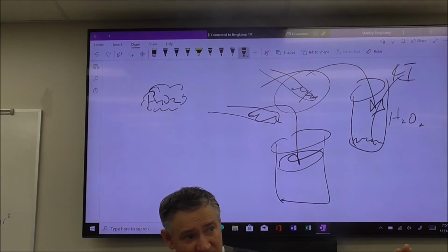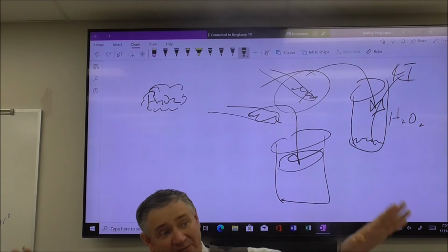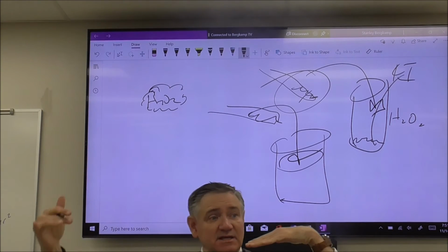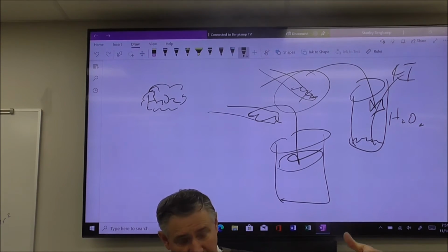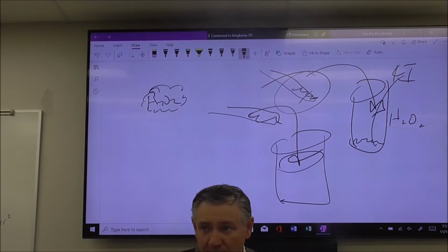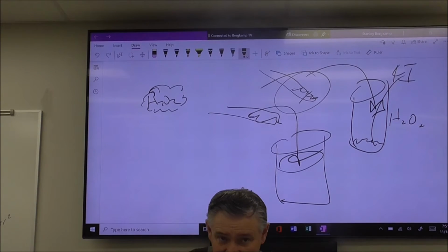So the hydrogen test is different from the oxygen test. They both involve fire, but it's different. Oxygen won't make a distinct sound, hydrogen will. So hydrogen, boom, you pop, presence of hydrogen gas. Put in a burning wood splint that you blew out, and it reignites, boom, oxygen is present.